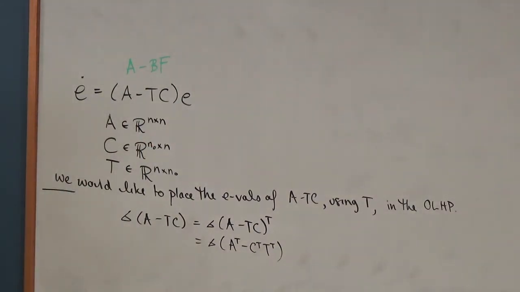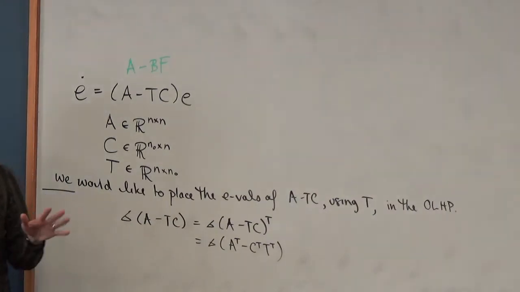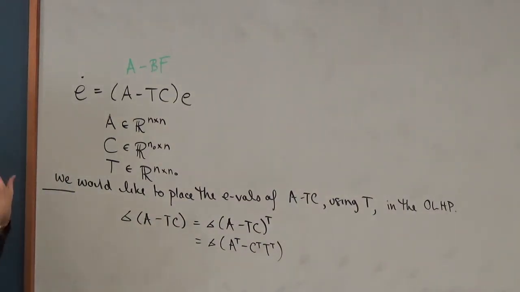And now I have exactly the same problem that we solved earlier, because I have my A minus BF. So all the results that we have for the control design problem we looked at earlier in today's lecture are the same as for the observer design problem that we're treating now. Once you've got that Luenberger topology, the only design parameters you have are the elements of this T matrix. So now you have the heart of controller design and observer design.